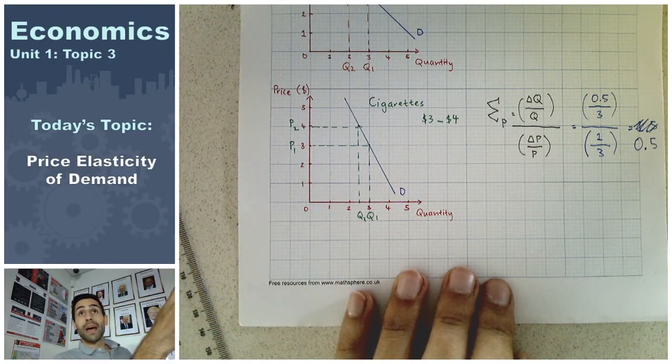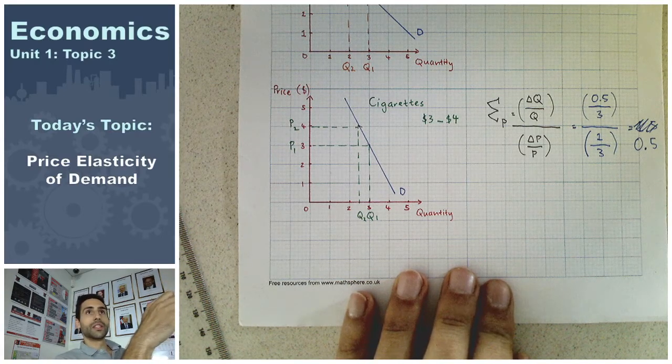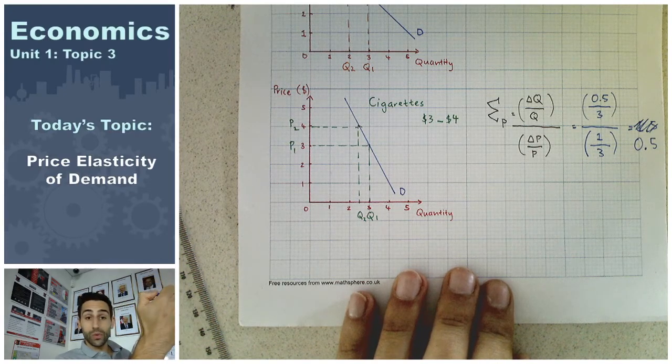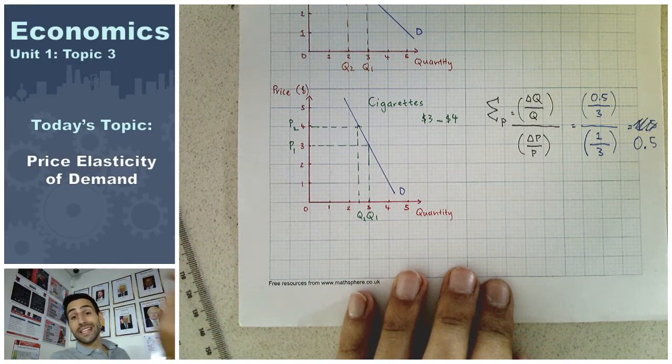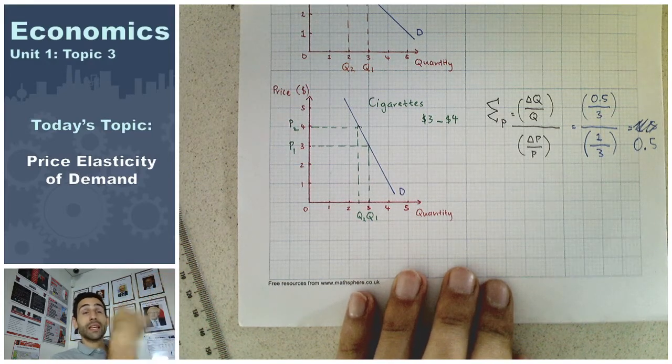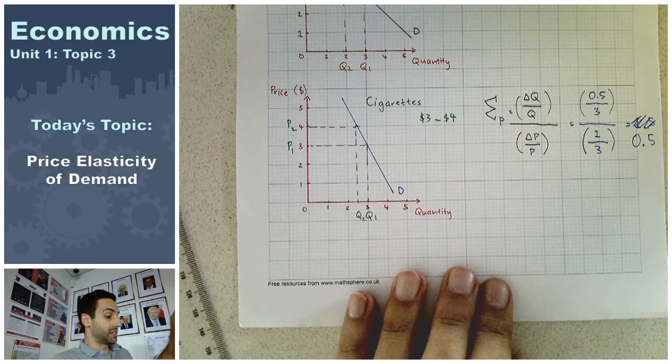The same if we had to pay to get into a casino. People would still pay because gambling is addictive. Alcohol, same logic. All these products would have inelastic demand because they're habit forming.